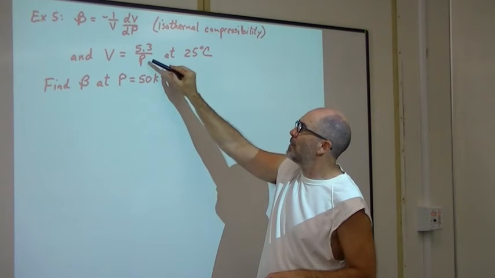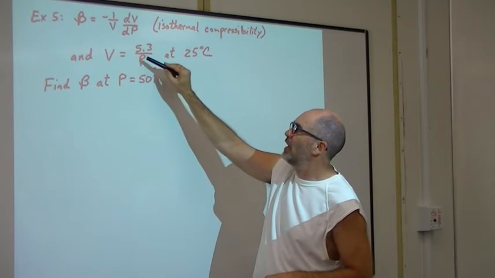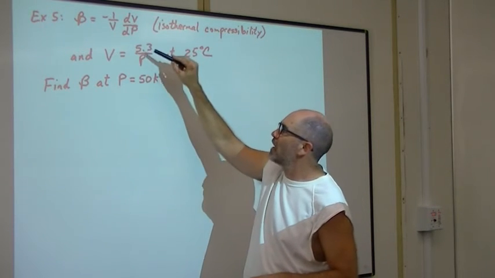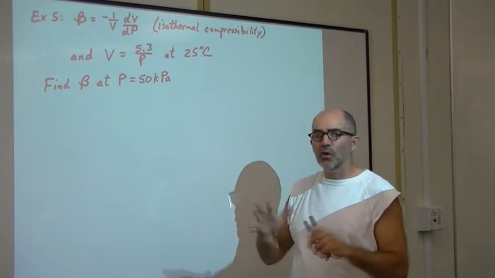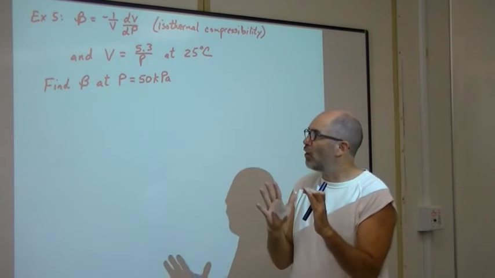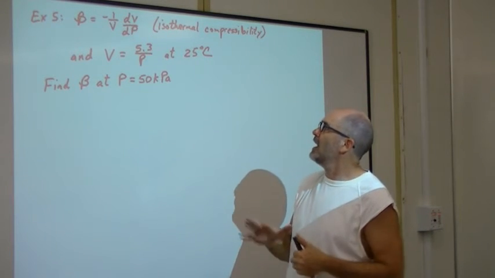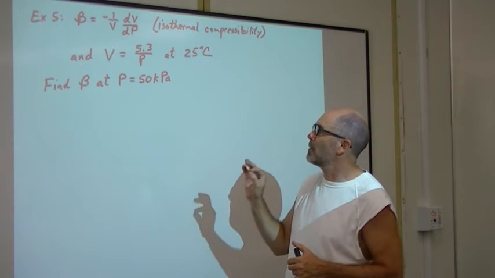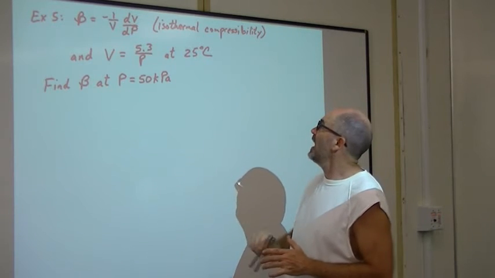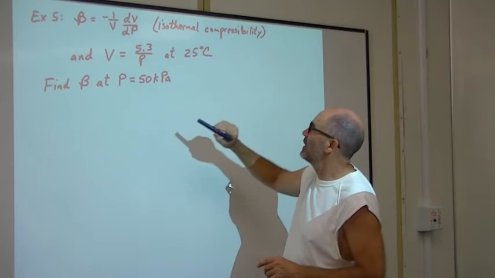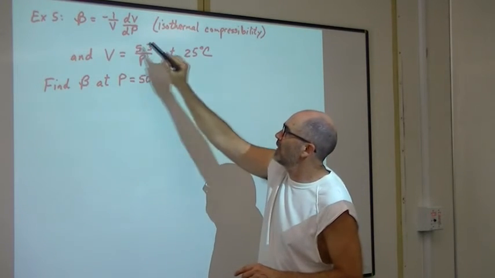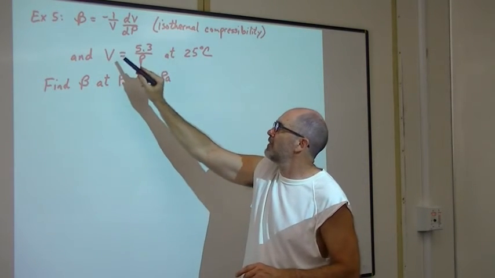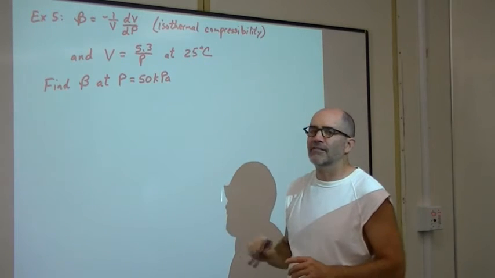As the denominator of the fraction gets bigger, the entire fraction gets smaller. So if you compress something, its volume is going down. Now, different gases compress at different rates, and this one at 25 degrees C has the relationship that pressure times volume equals a constant 5.3.